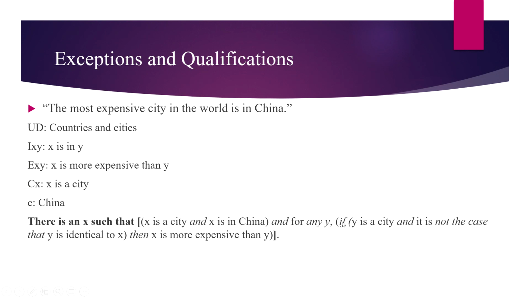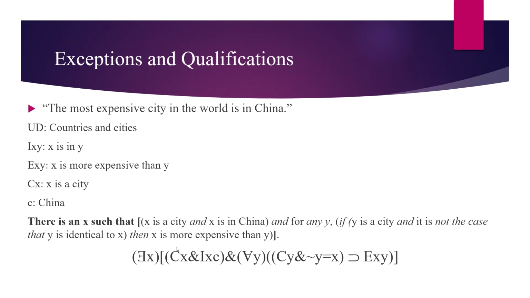And then we put the antecedent in parentheses as well because it's a conjunction: Y is a city, and it's not the case that Y is identical to X. So the symbolization we get is this: X is a city and X is in China, and for any Y, if Y is a city that's not the same as X, so any city other than X, X is more expensive than all of those cities.